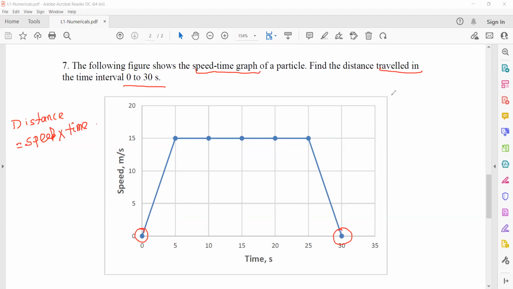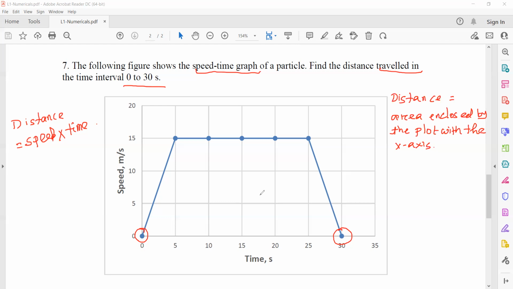So I'd rather write it like this: distance is equal to area enclosed by the plot with the x-axis. The x-axis is here and this is the plot. So this area, once you can calculate it, you can calculate the distance covered by the particle.